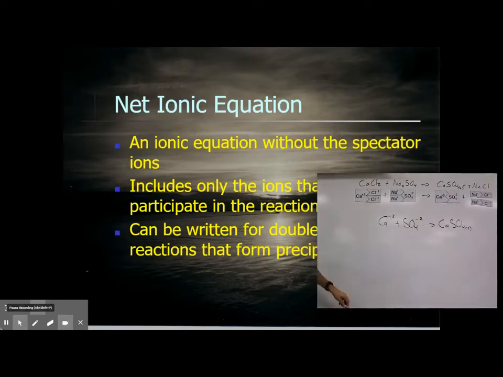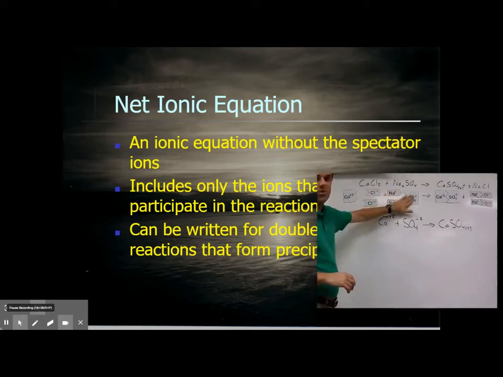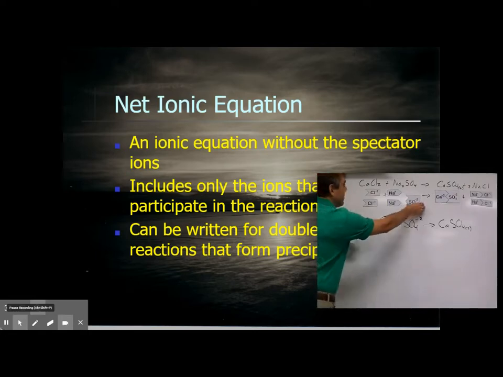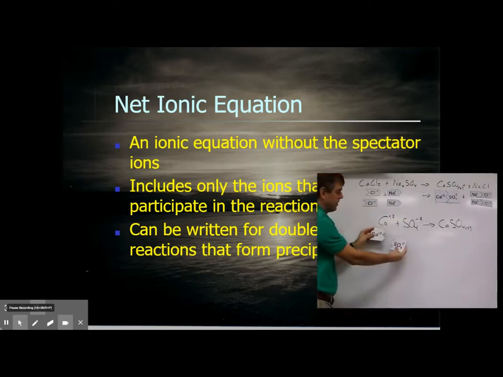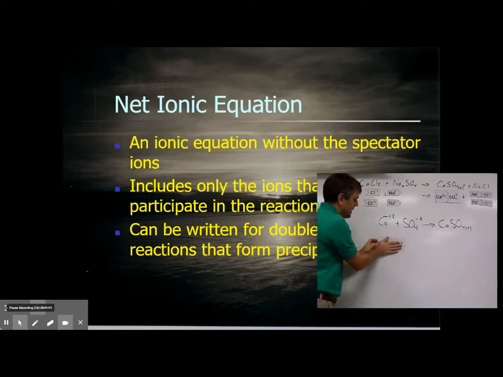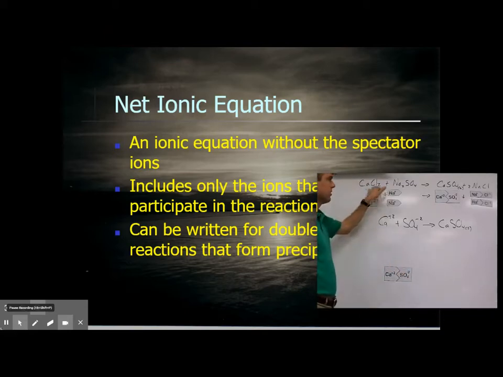Because essentially, in this reaction, when you put it into water, the calciums and the chlorides dissolve, the sodiums and the sulfates dissolve, and your reaction is the calciums and the sulfates come together and precipitate out, making calcium sulfate. The sodiums and the chlorides remain floating around in solution. We'll take a look at one more example.